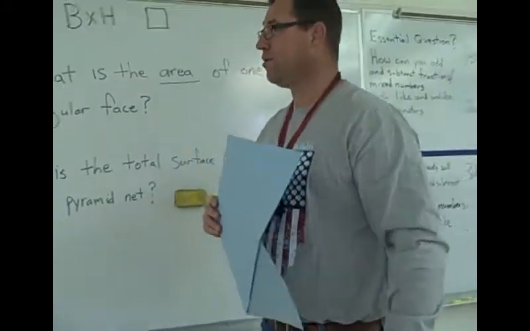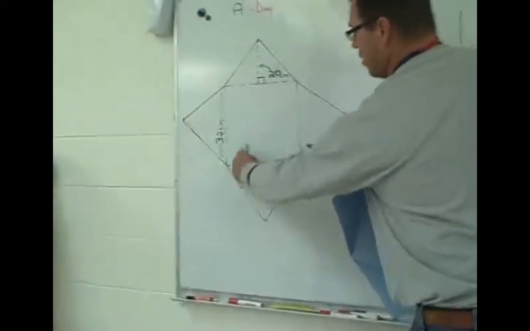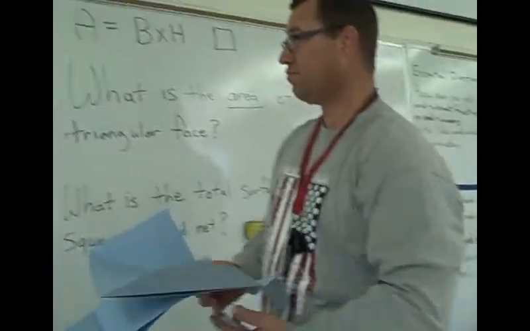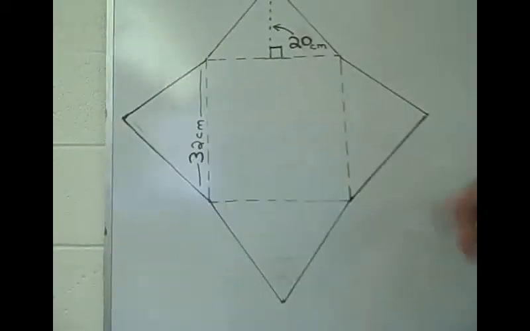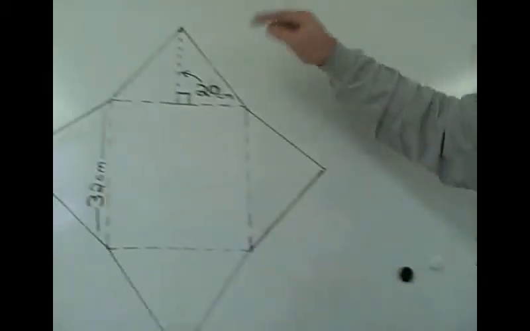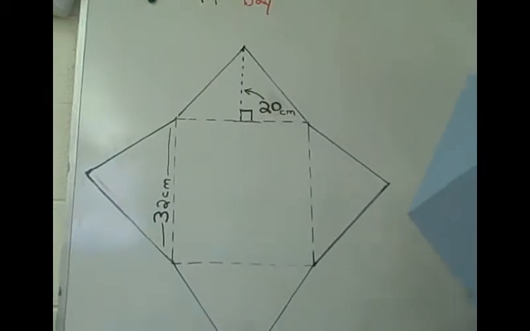So, boys and girls, in order to solve this problem, first you need to find the base times the height of our square. Our square measures 32 by 32 by 32 by 32. Our triangle is 20 centimeters tall.